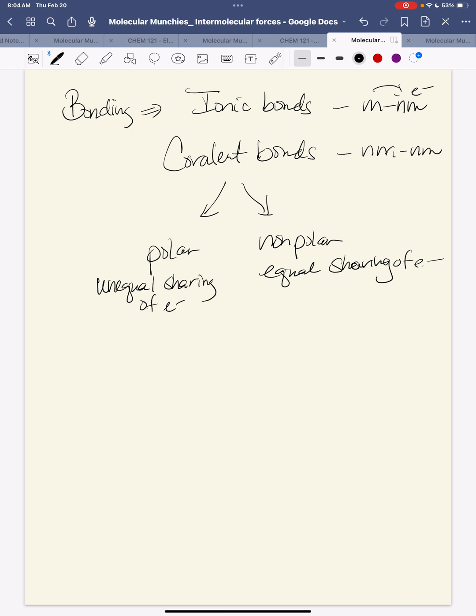What I want to make sure we understand is that when we talk about bonding, this is within. We have an ionic bond like sodium chloride, right? The electron's transferred. We have this bond that exists between the atoms. We have our favorite covalent compound, that's water, and we know that water is bent. We know it's got two lone pairs, and we know that this bond right here is a polar bond because the oxygen is pulling the electrons away from it.